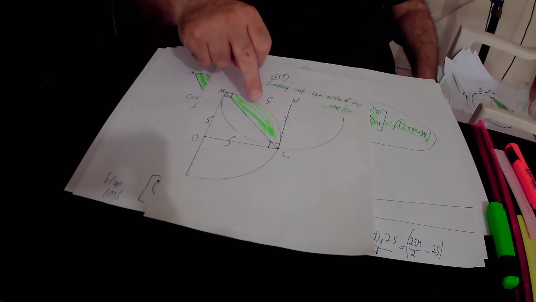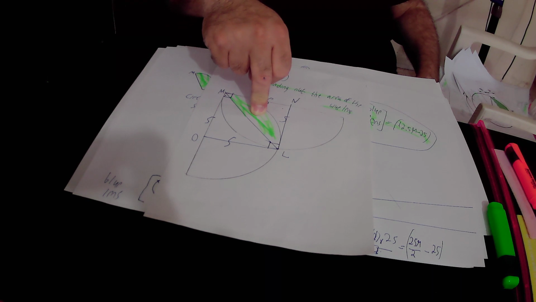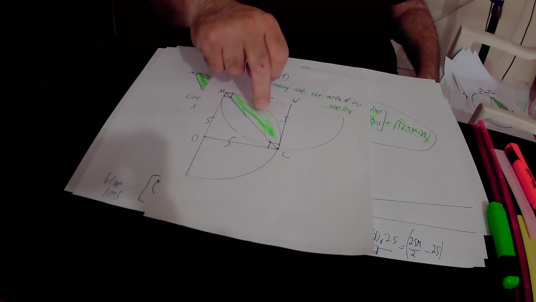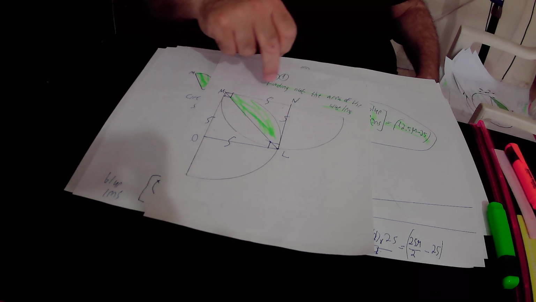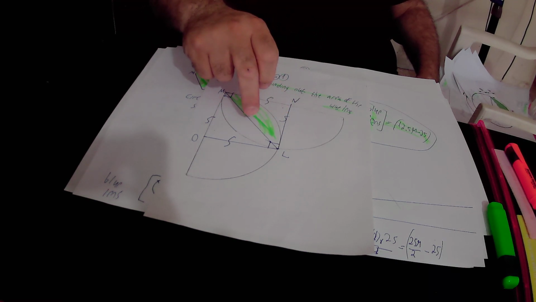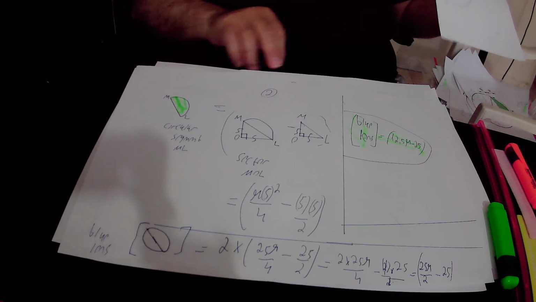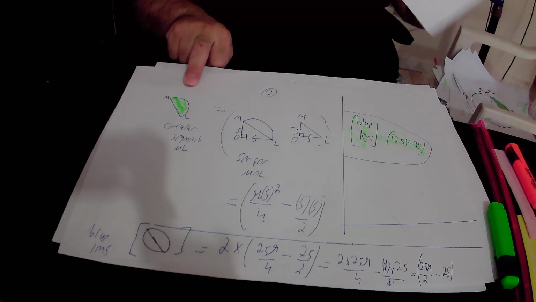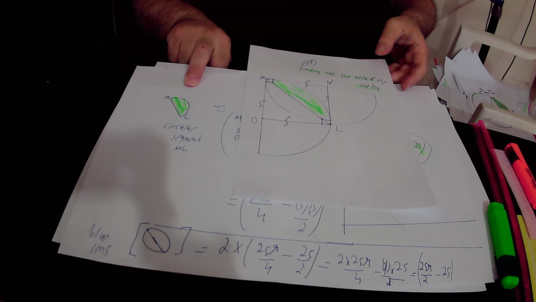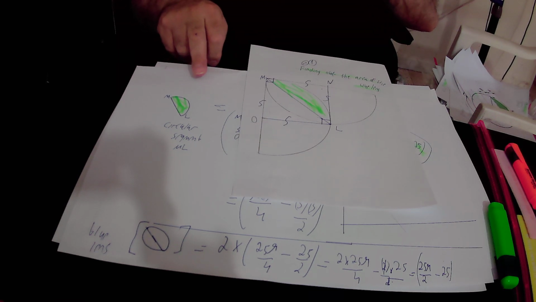So what we said, we found out the area of the upper circular segment, we multiplied by 2, and this gave us the area of the blue lens. Okay, so here, this is the upper circular segment of the blue lens.